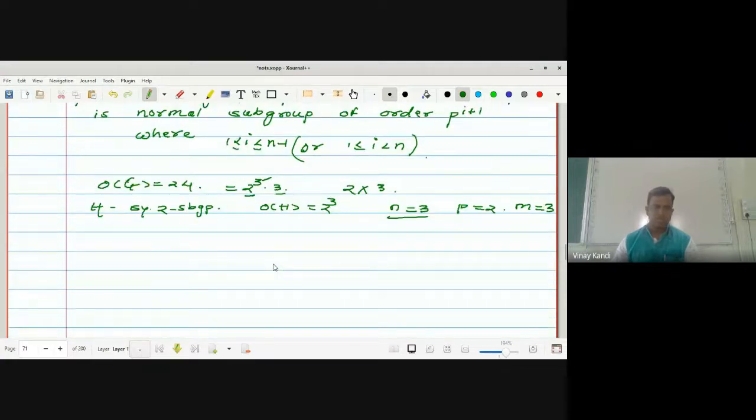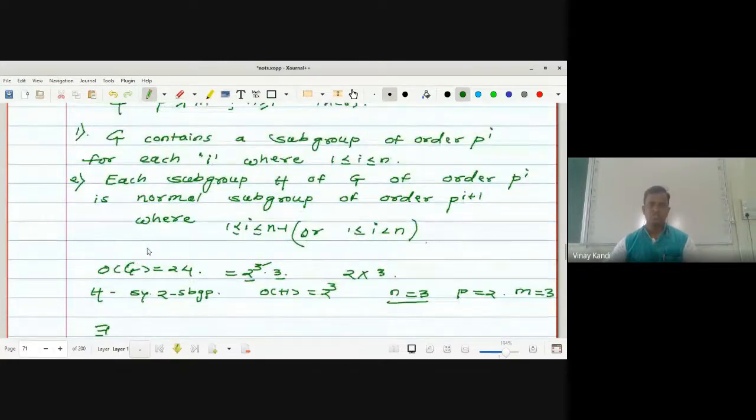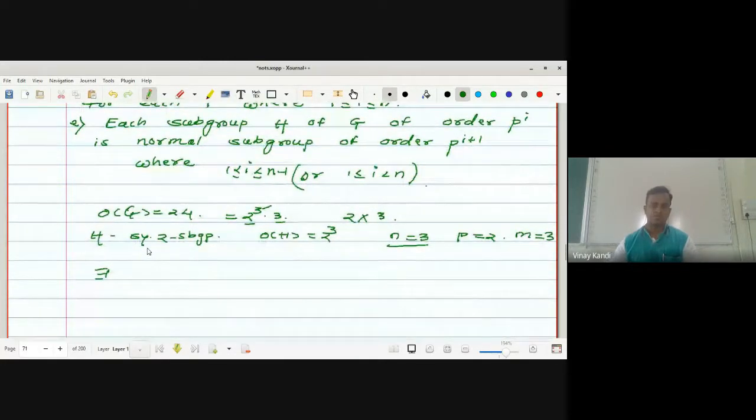The first statement says that there exists a subgroup of G of order p raised to i. There exists a subgroup H1 such that the order of H1 is 2 raised to 1. There exists a subgroup H2 such that the order of H2 is 2 square.